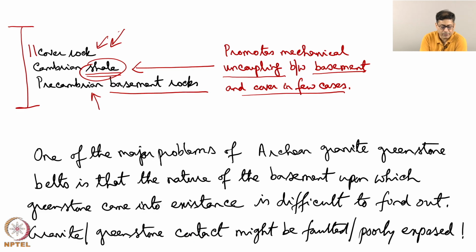What does this mean? It means that if we deform the entire package of Precambrian basement, Cambrian shale and cover rock, the cover rock will behave differently than the Precambrian basement rock. Let me write down the meaning of this uncoupling.